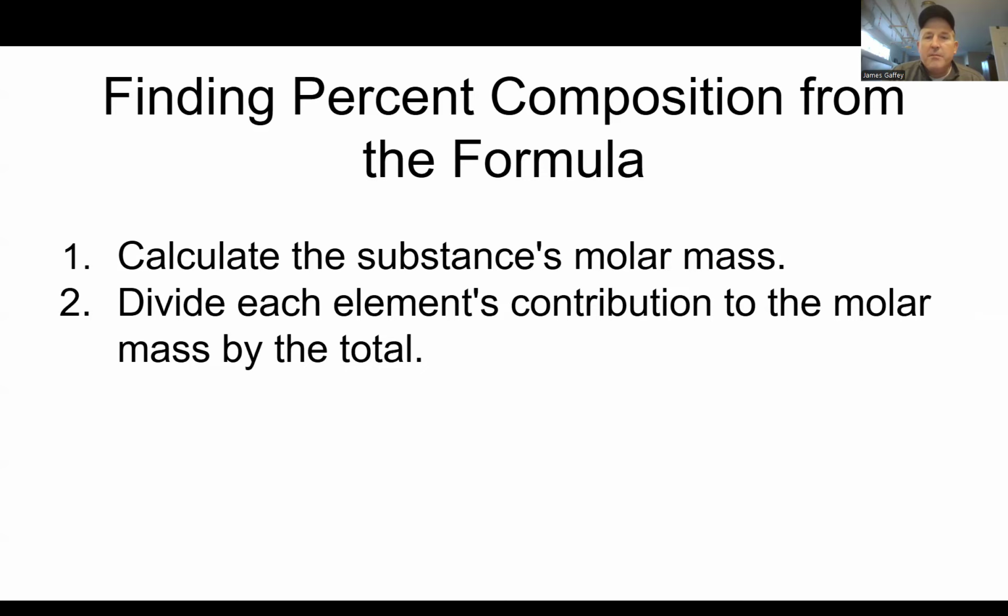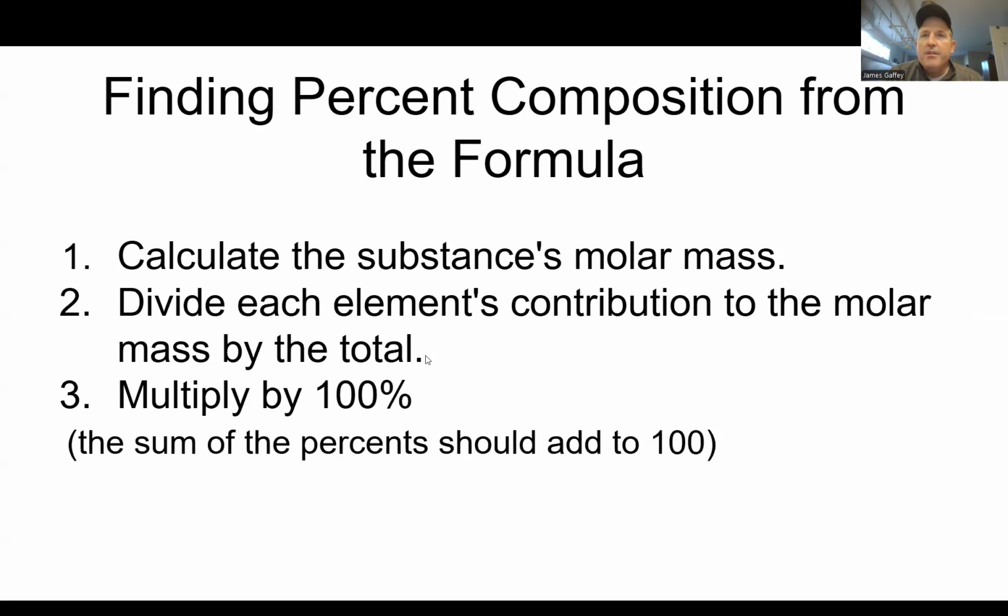Next, divide each element's contribution to the molar mass by that total. And thirdly, multiply by 100% to make it a percentage. If you've done it right, there's a nice built-in self-check. The percents should add up to 100% within rounding error, so you can accept anything from 99 to 101%.